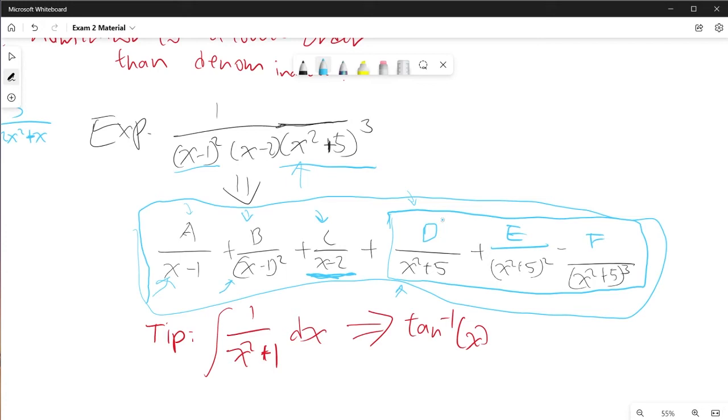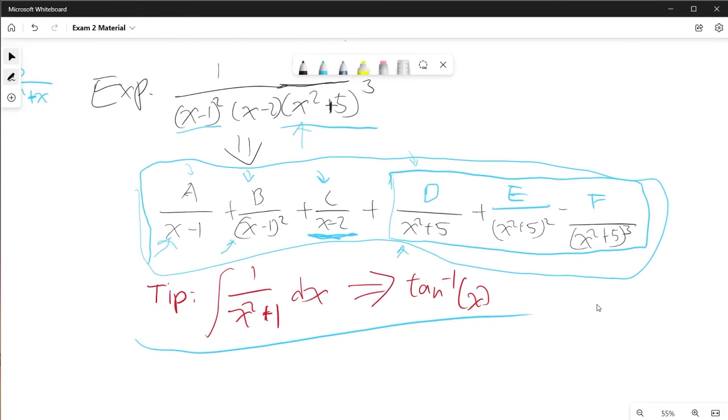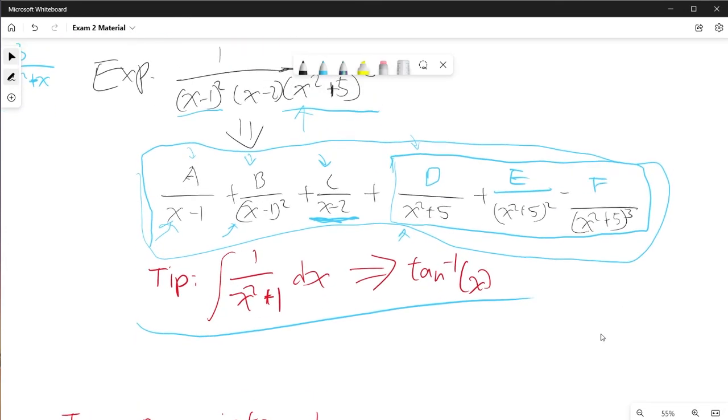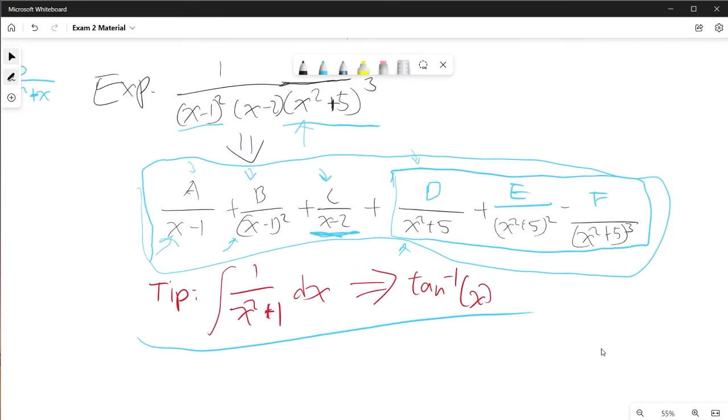But the other tip I will give you is this on the bottom. The integral of 1 over x squared plus 1 is tangent negative 1 of x. This is an integral identity that you should know from calc 1 probably, but it will come in pretty handy because sometimes you have an expansion like A over x plus 1, plus B over x plus 1 squared, a repeated linear term, and then plus C over x squared plus 1.